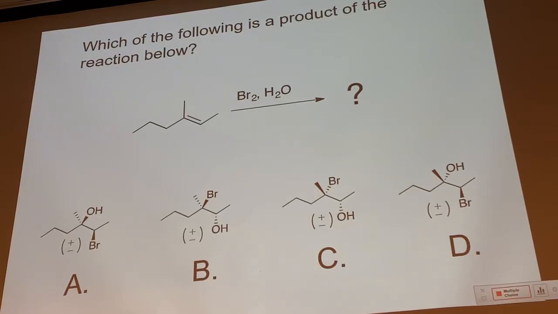Okay, and I've drawn a diagram on the board that might also help you in this discussion. I've drawn the two possible transition states for this reaction. So you can take a look at that and hopefully come up with an answer in the next minute or two.